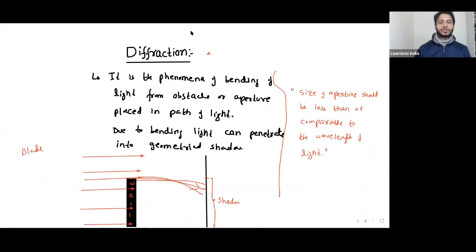Before starting this single slit diffraction experiment, see the types of diffraction. You can divide diffraction into two major types.